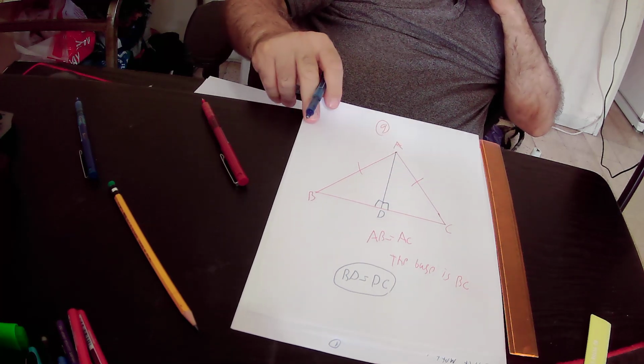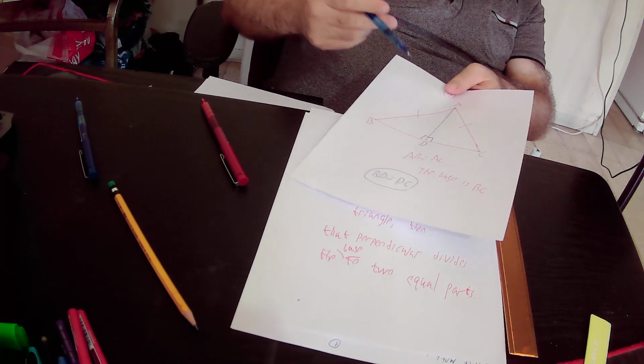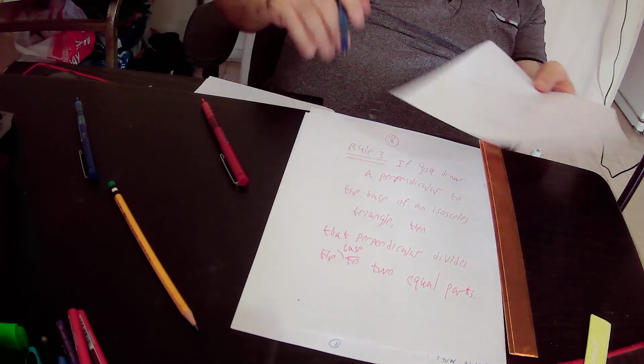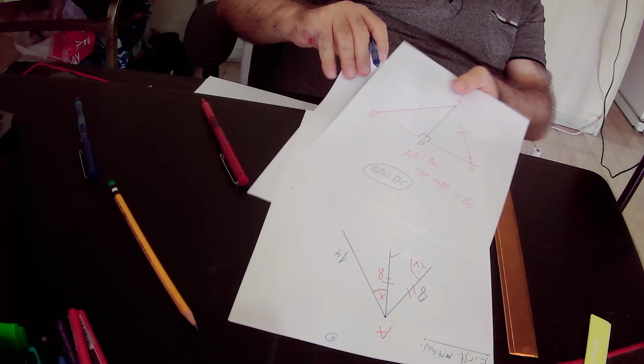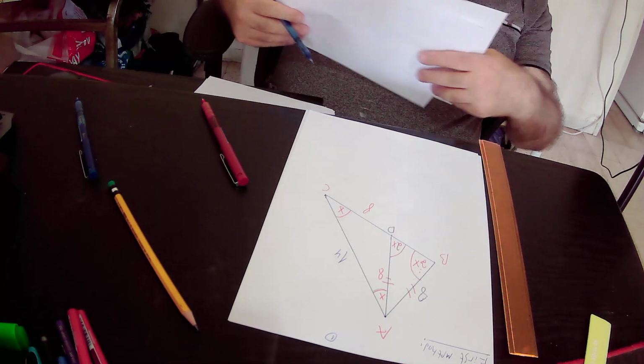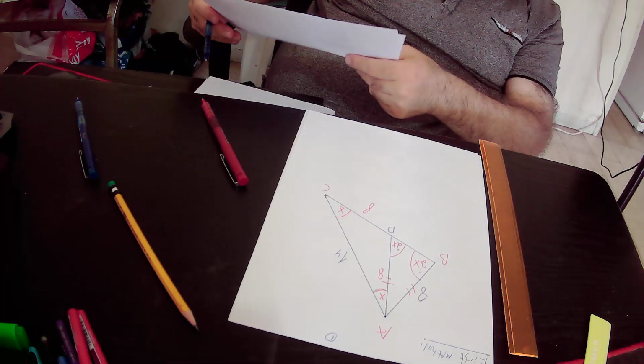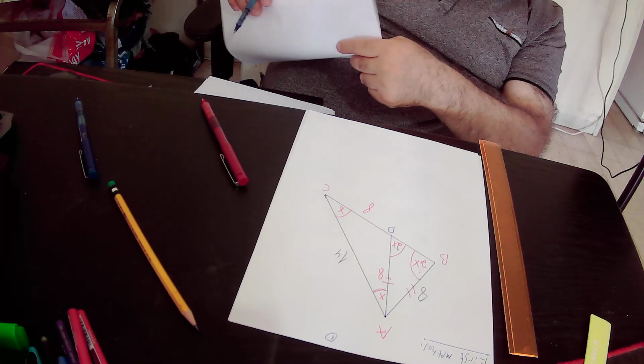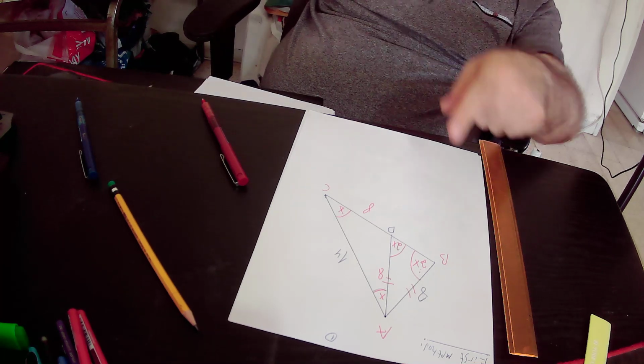Okay, so actually we can implement rule number 3 in our triangle. We relate to triangle ABD.